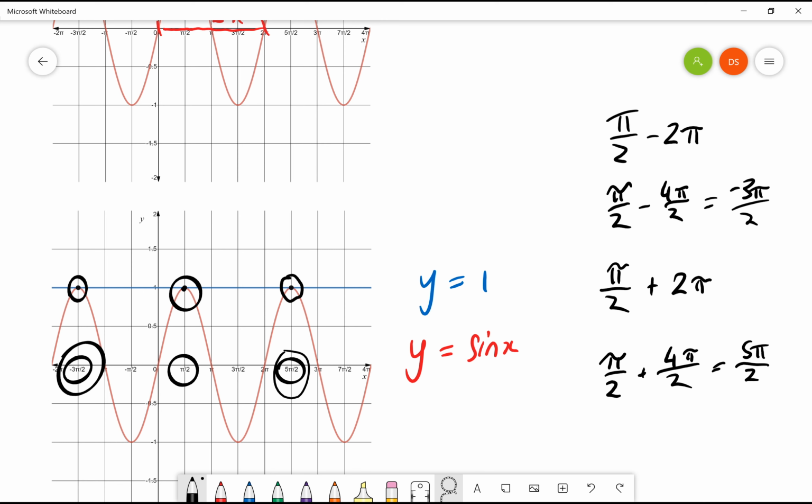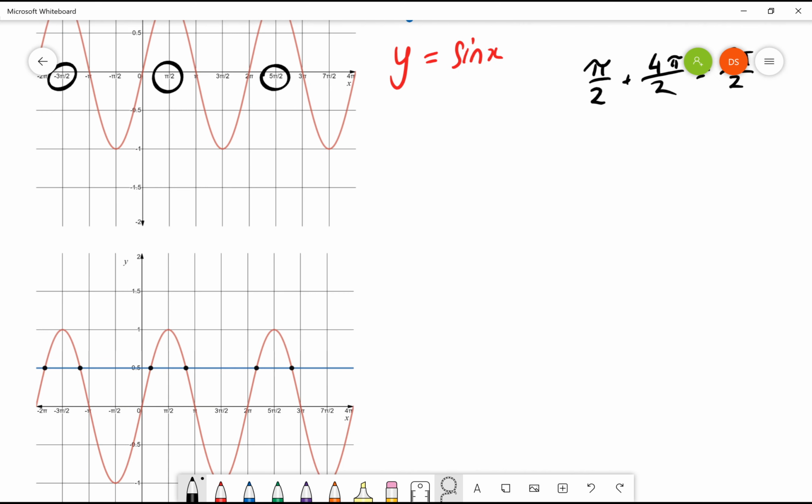So in fact, if I add 2 pi to any solution, I will get another solution if the period is still 2 pi. Now that's really cool. Okay. Is that the only one? Well, let's try another one.